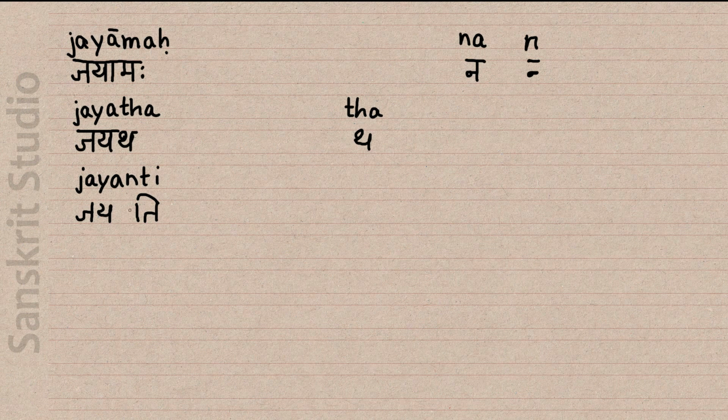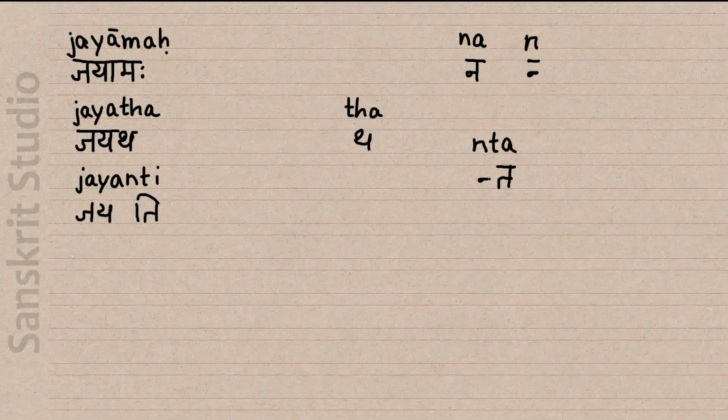But now the problem here is with this combination. So let's say we would have an ending like nta. Then it would be simple, because then we would have our ta here, and then we would just precede that ta with that sort of broken n sound.